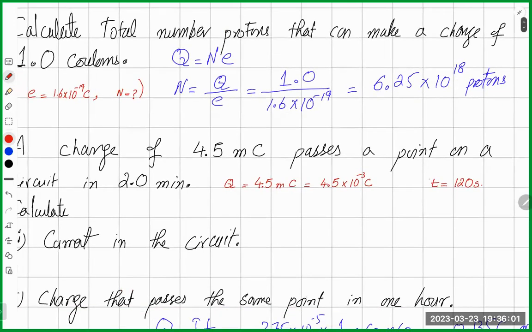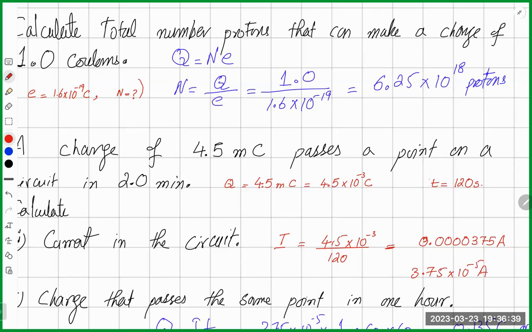So current, which is charge divided by time, should be 4.5 into 10 to the power minus 3 divided by 120, and I just used a calculator. So 3.75 into 10 to the power minus 5 ampere.